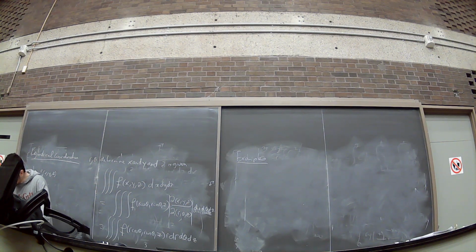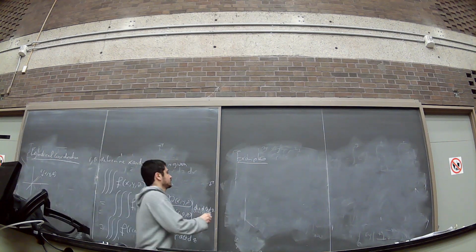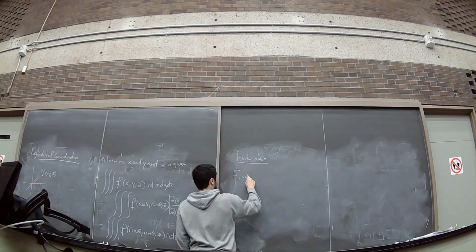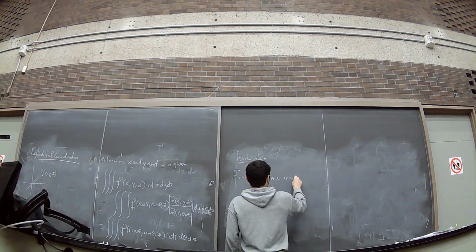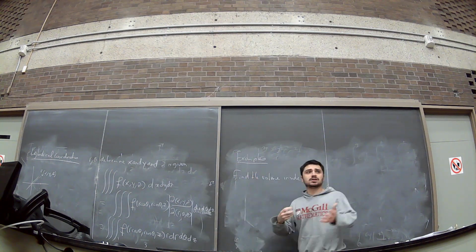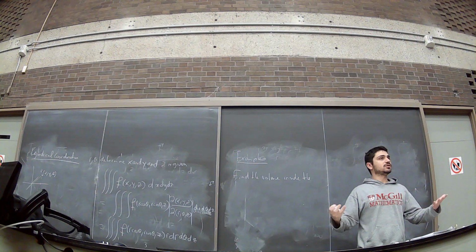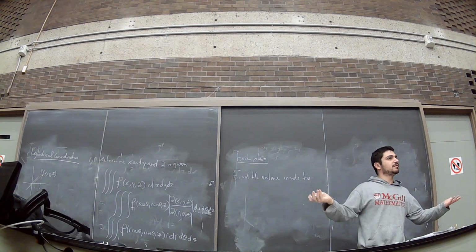Sorry, let's find a good one. Okay, find the volume. So basically cylindrical coordinates is just polar coordinates, you agree? Just I'm letting the z vary.